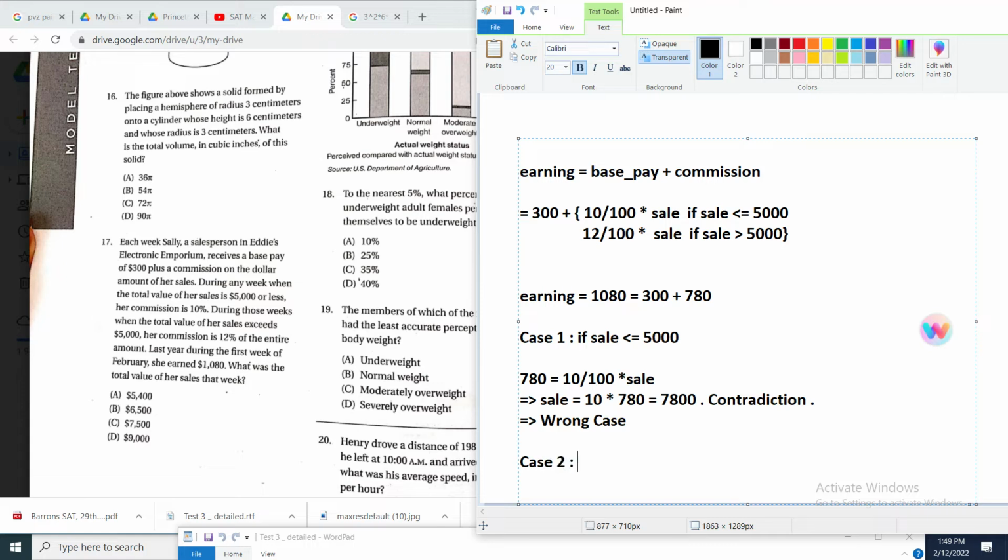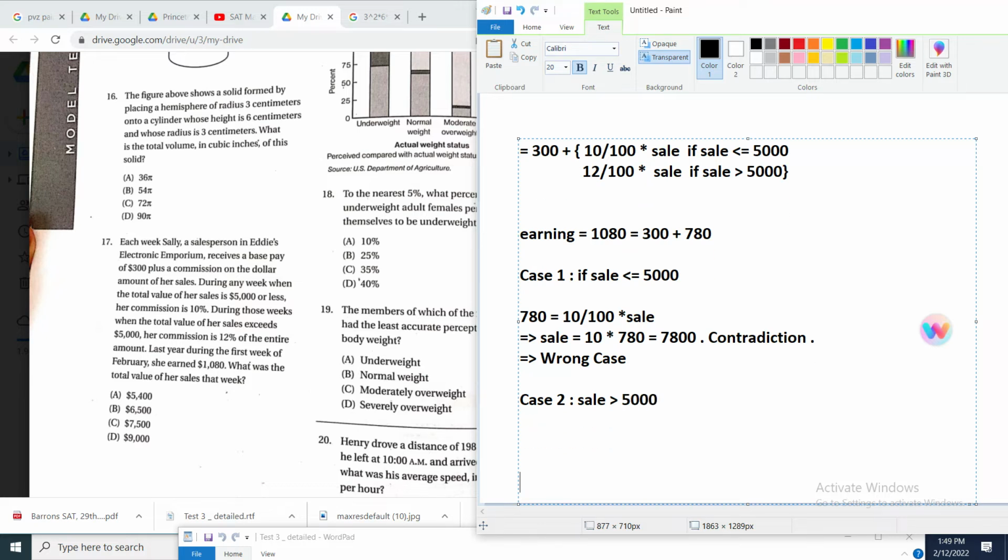Case number 2 is that the sale has to be strictly greater than 5,000, and then we're gonna apply the second formula, that 780 is 12% of the sale, right?